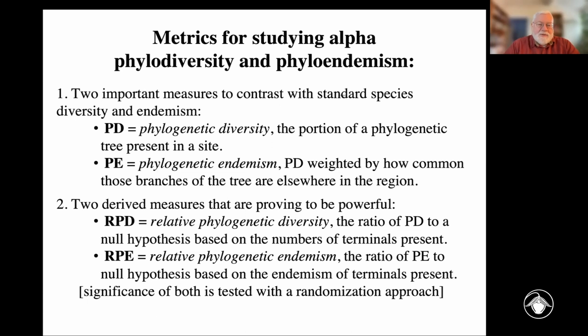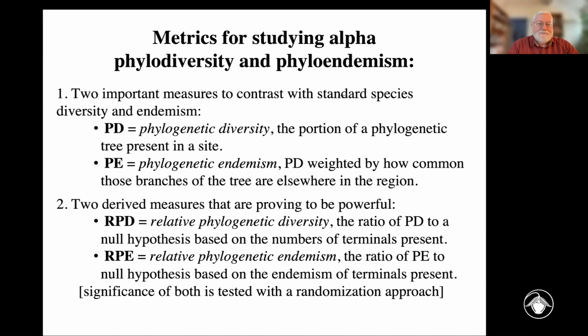I'll show you an example of what that means. And the relative phylogenetic endemism is the same kind of ratio. It's PE on the original tree versus PE on this comparison tree. And we're going to get a statistical significance out of it by randomizing the occurrences of the taxa across that whole gamma area, the whole study site.